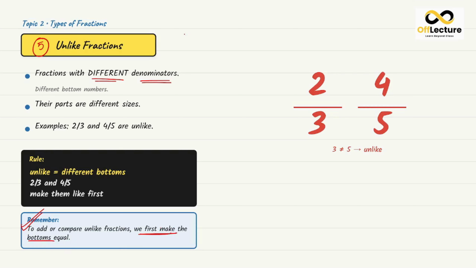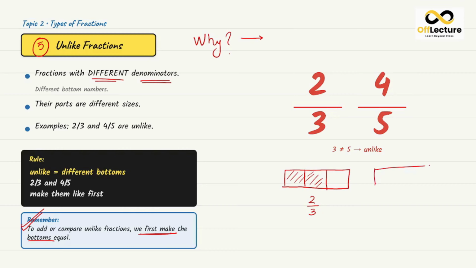You may ask why there is a need to make the denominators equal. It is because their pieces are of different sizes. For example, let's say we have a chocolate bar which has three equal parts, and two shaded regions make 2 over 3.